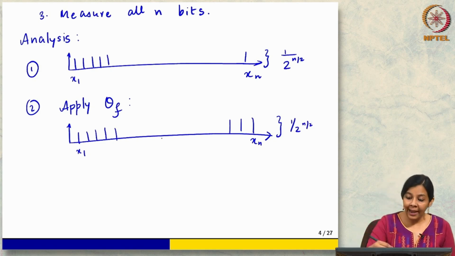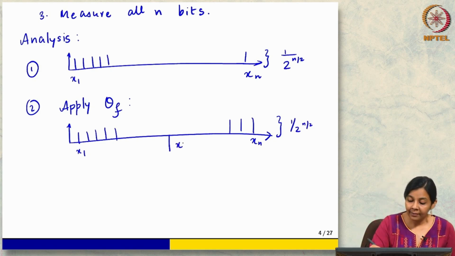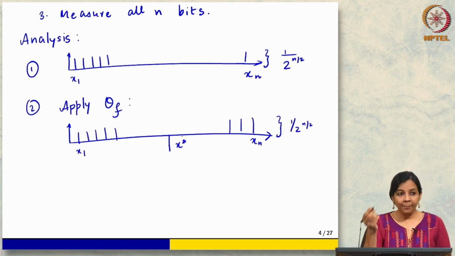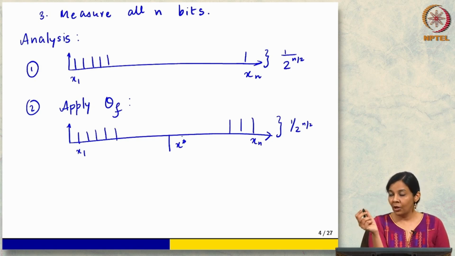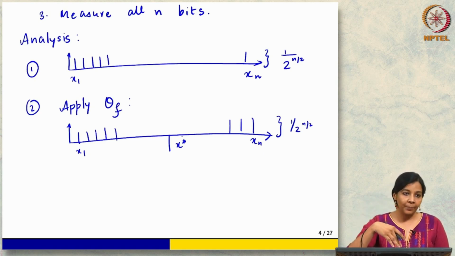Basically, at x star, the amplitude will flip. Why? Because I applied a -1 to f(x). There is only one point x star at which f(x star) is actually equal to 1, for the others it is all 0. So, the others will stay at the same point, and this one will simply flip. So, its amplitude will become negative.